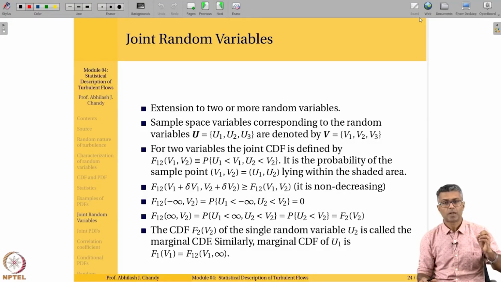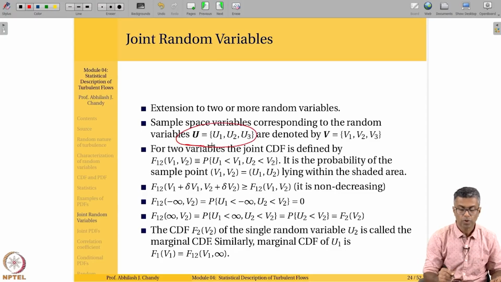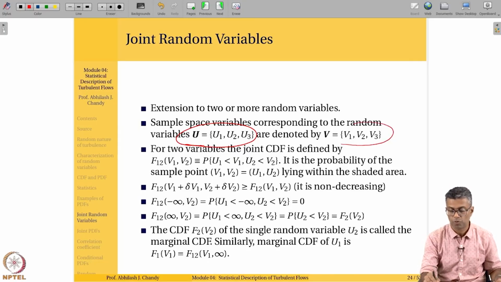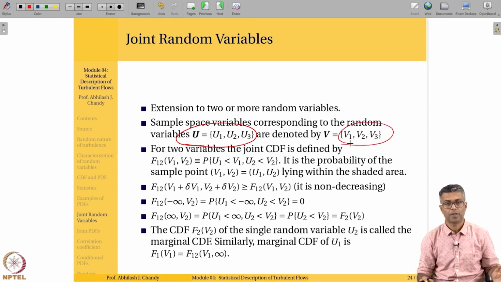Now, let's have a velocity vector U, with three components U1, U2, U3. Surely there will be a sample space which is also a vector, and the sample space components would be V1, V2, V3, isn't it?